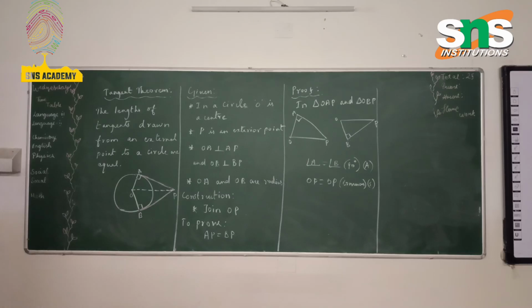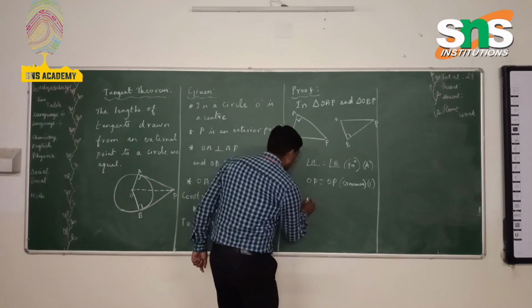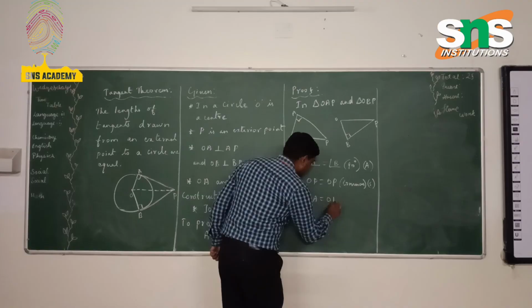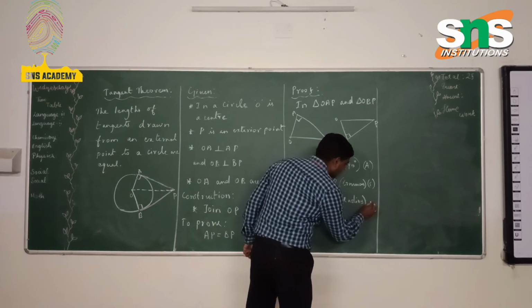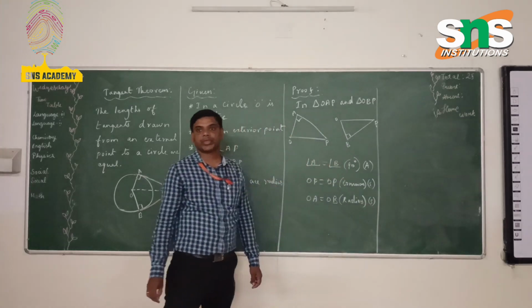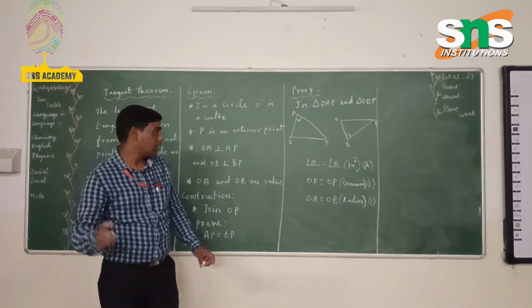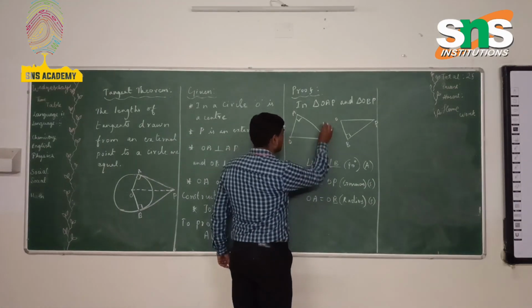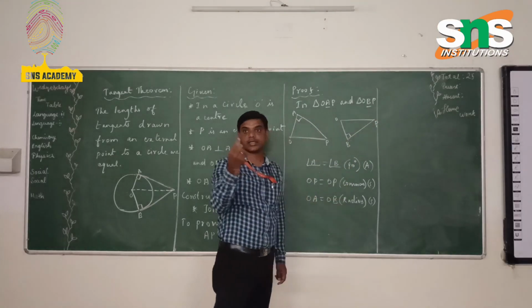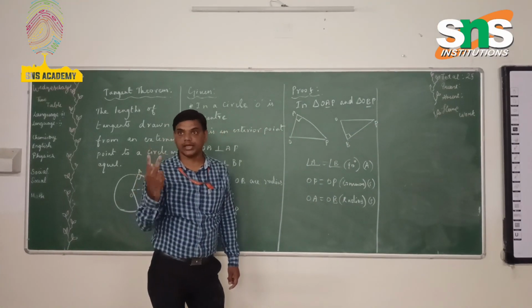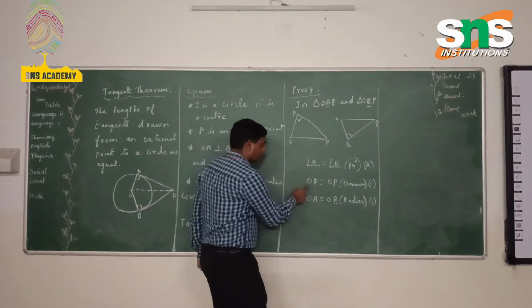So OA is equal to OB, since they are radii, and this also becomes a side. Now compare them. Angle A is equal to angle B, both in the second position.